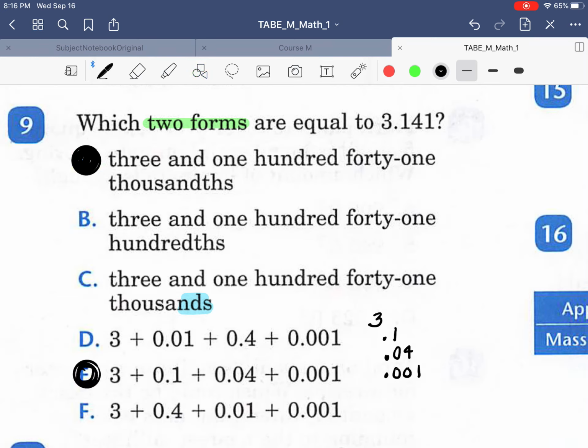You really have to read carefully. Pay close attention to thousand and thousandth, because those two endings make all the difference in the world here. Good question.